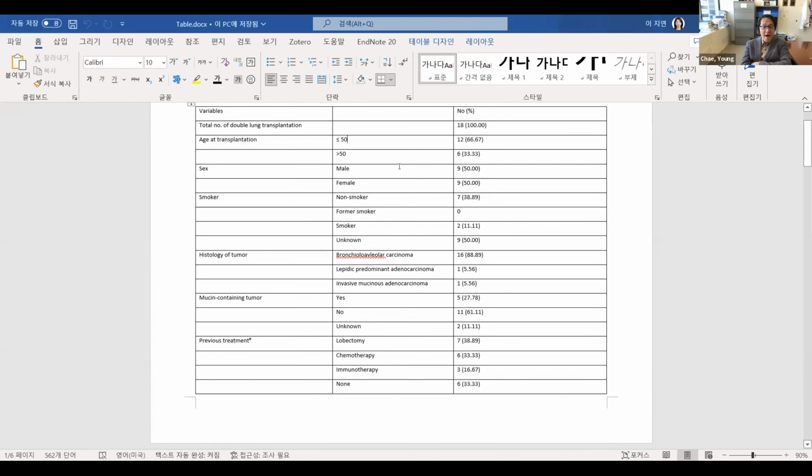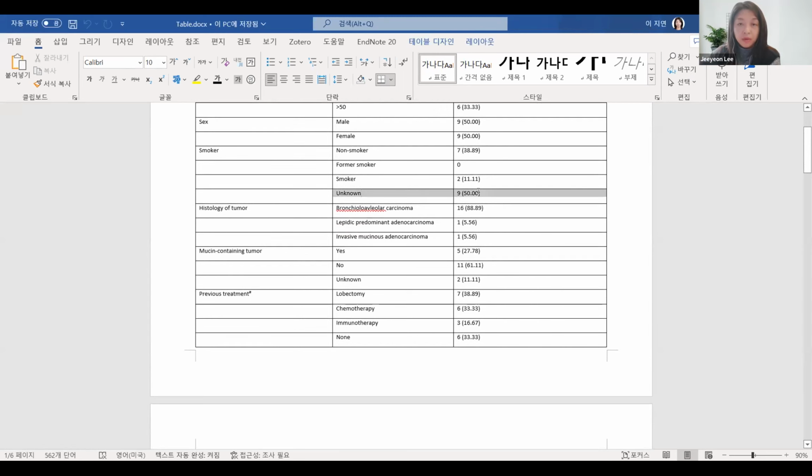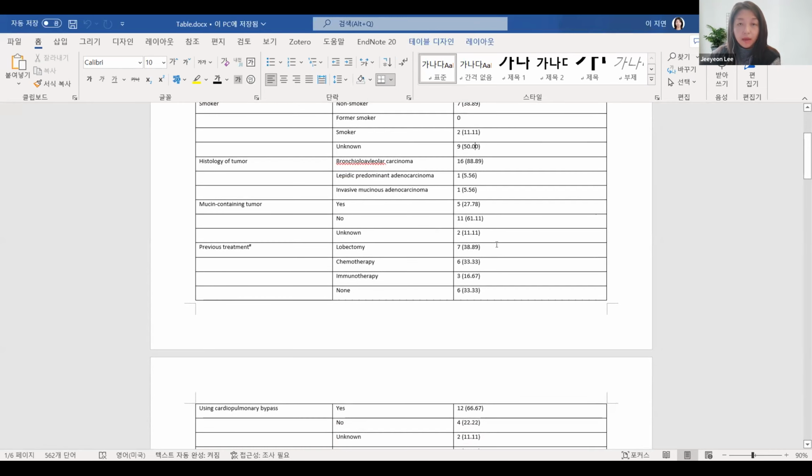Yeah. And male, female, there was unknown clinical data. And most of the patients had BAC, but there was one lipidic, because it was published in 2020, so they used the very current pathology classification.